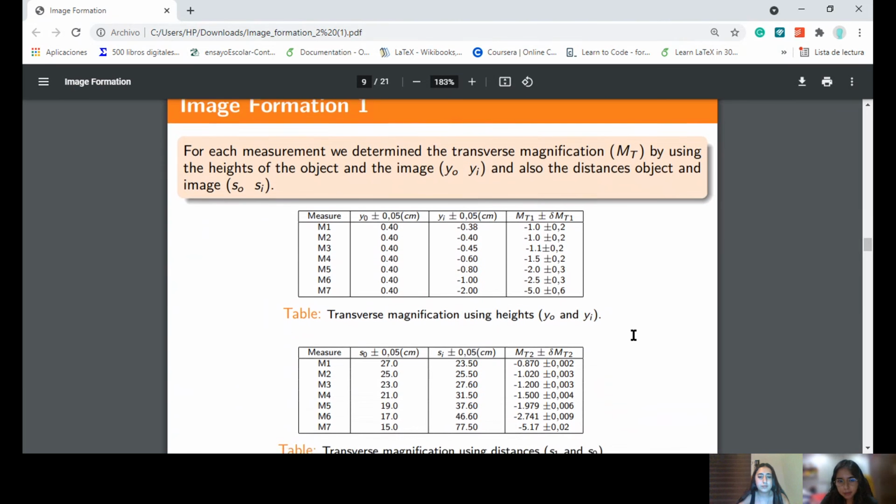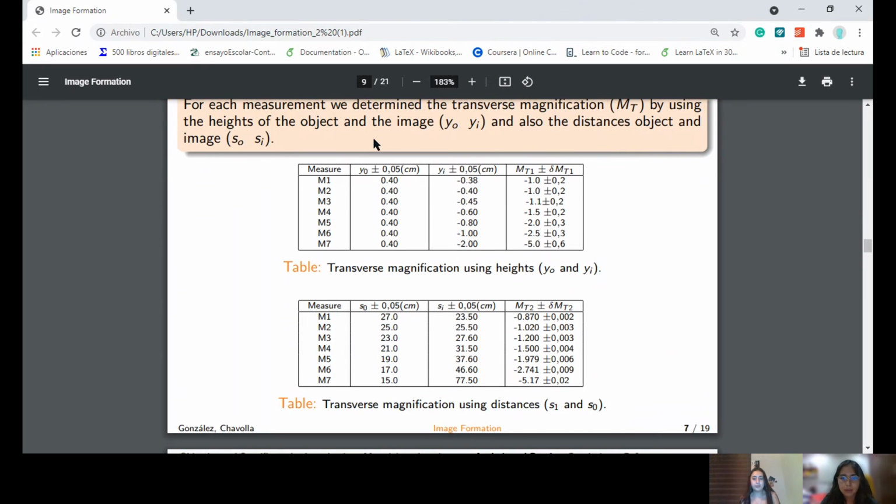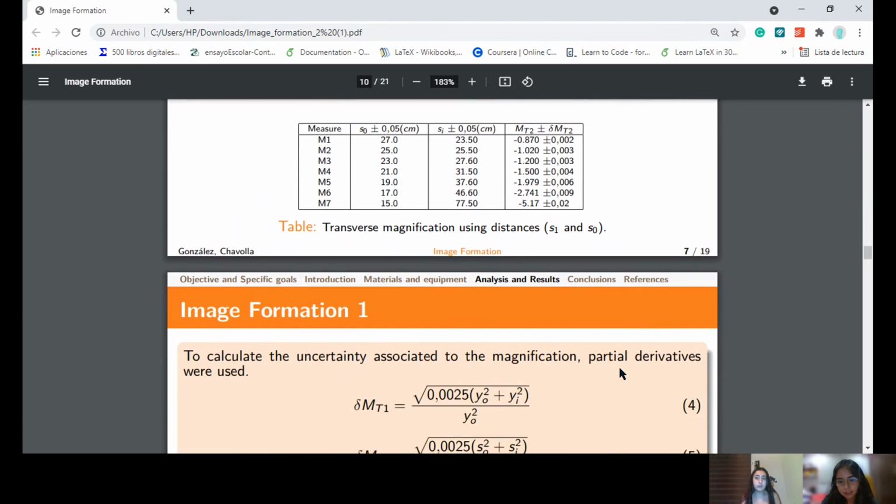Now, for each measurement, we also determined the transverse magnification, using the different methods that we saw in the equations. We used first the definition of transverse magnification using object and image heights, and also using the object and image distances. We obtained these two tables for both magnifications.